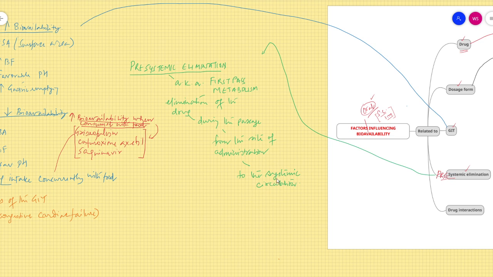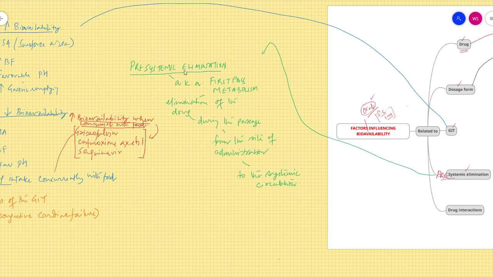So in the local environment of the GIT, it might undergo some changes, and then it gets absorbed into the blood vessels or the lymphatic system, and in those areas it may undergo changes which results in the quantum of the drug administered not reaching the systemic circulation.